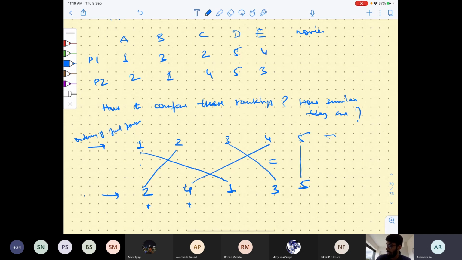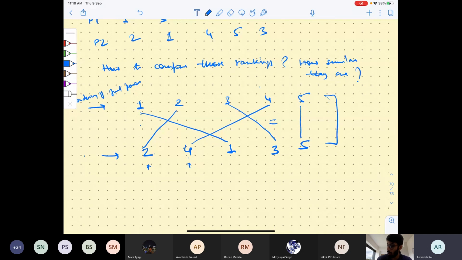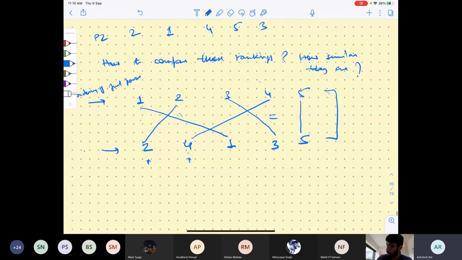So 5 and 5 are fine. That is not a problem. If you look at 5 and 1, 5 and 3, 5 and 4 will also be fine because there is no flipping there. But now if you look at 4 and 2, again they are fine because the relative ordering of 4 and 2 in both remains the same.